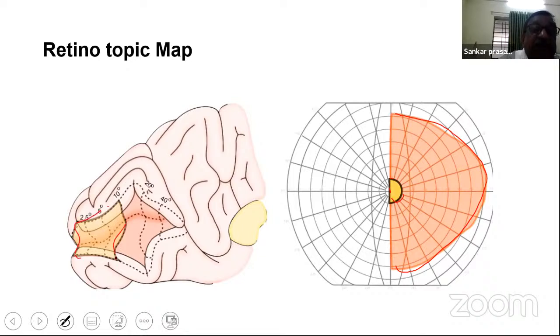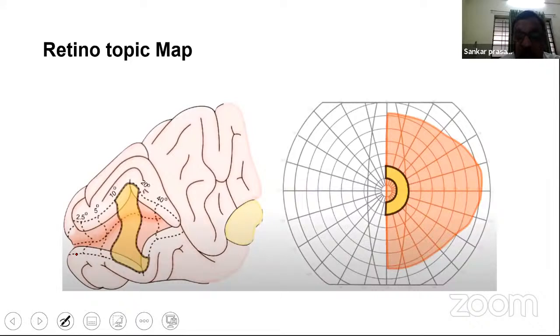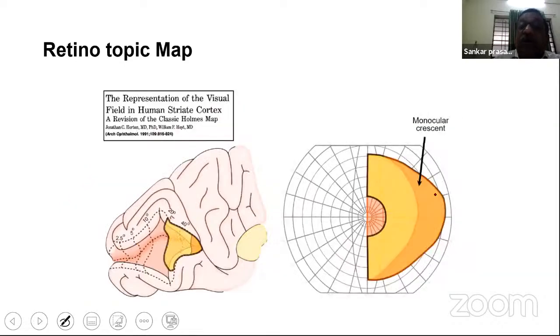That means the macula, which is important for the vision, where foveation takes place, is represented on the contralateral side very much. The second one, you can see next 10 degrees, this much area only. And after that you can see this much area represented in cerebral cortex in a small area. And after that you have one monocular crescent which is present.